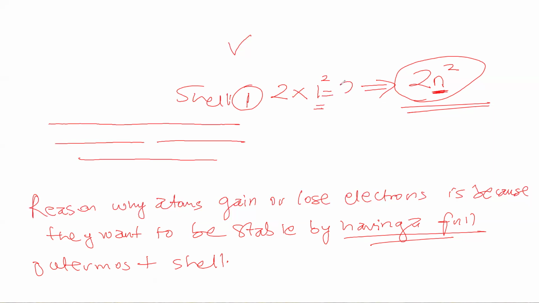This will be equal to 2. So if an atom has only one shell, it can accommodate only 2 electrons.